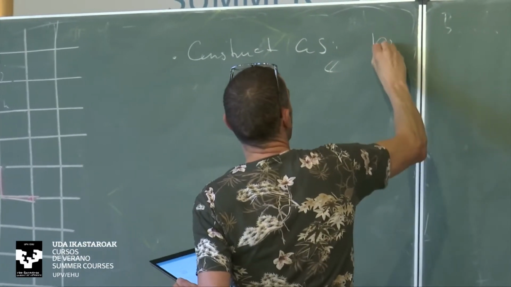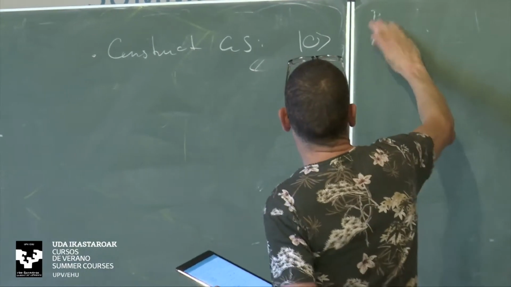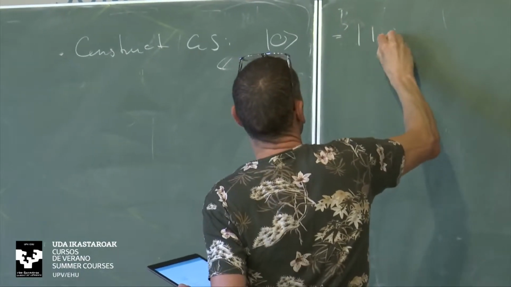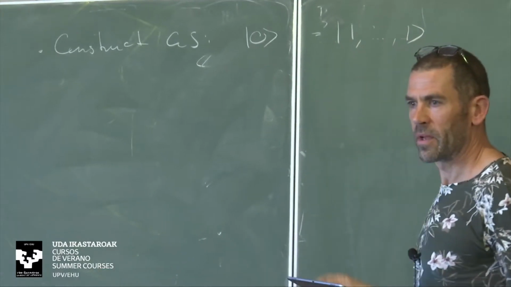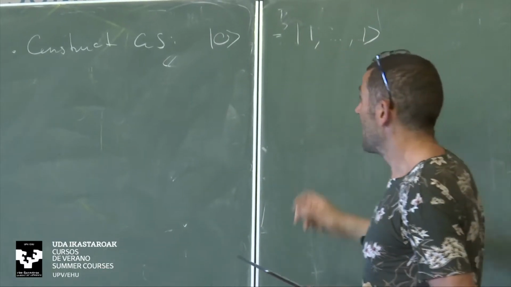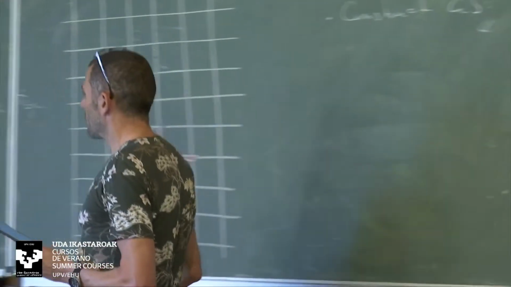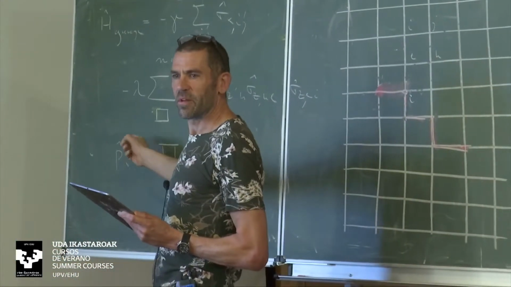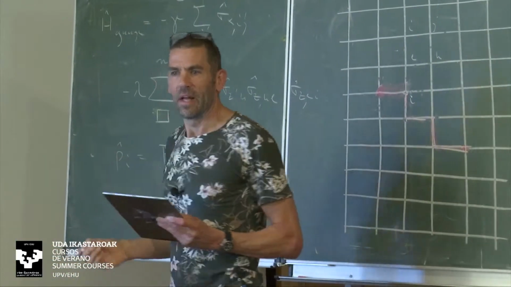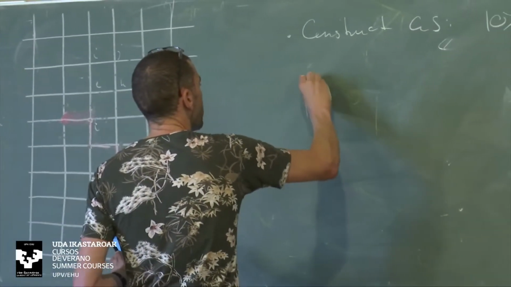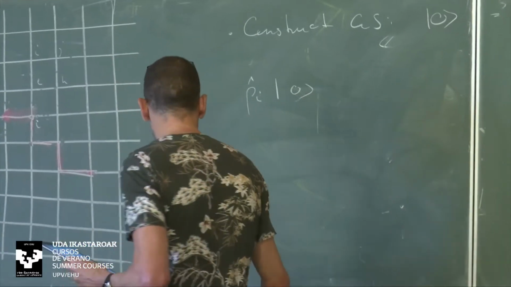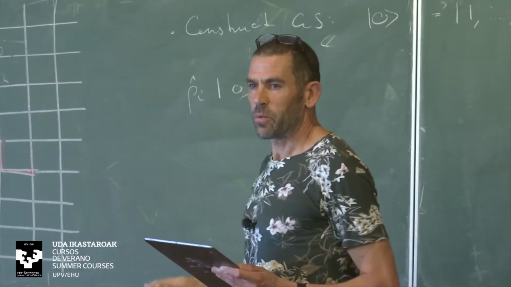We start from a vacuum, which is symbolically all guys pointing up, in a sigma z basis. And now we just start hitting it with rhos. We just see what we get. Suppose we hit this state, we consider rho I on the vacuum.